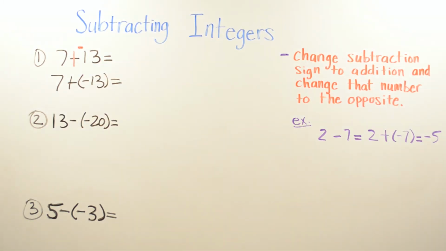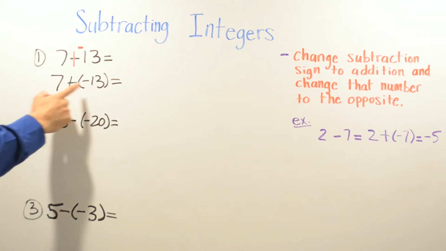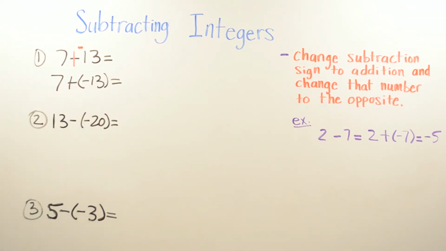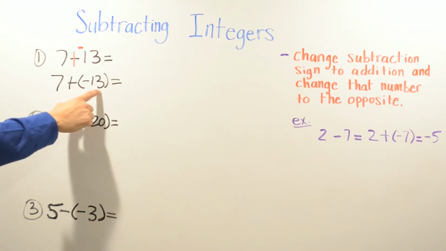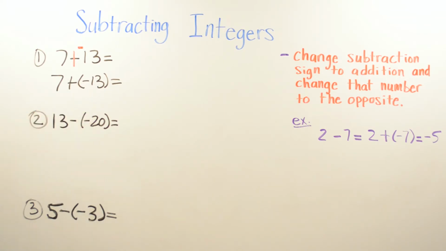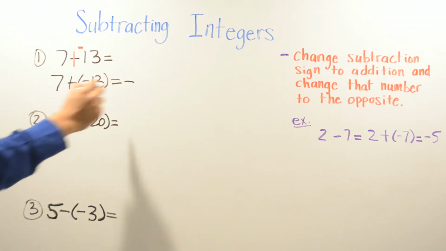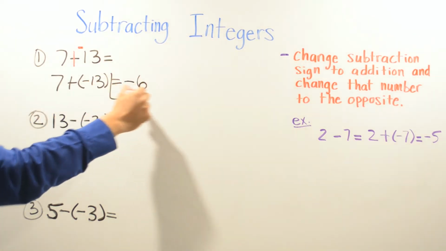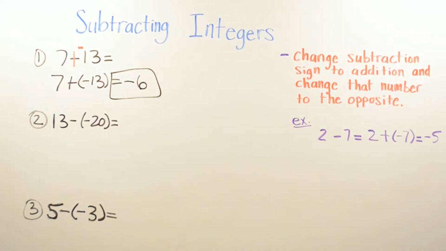Then we know we have two different signs, so we're going to go ahead and subtract. What number is bigger, 13 or 7? Our biggest number is 13, and the sign in front of the 13 is negative, so our answer is going to be negative. Then we subtract 13 minus 7, and it's going to be 6. So our answer for number 1 is negative 6.